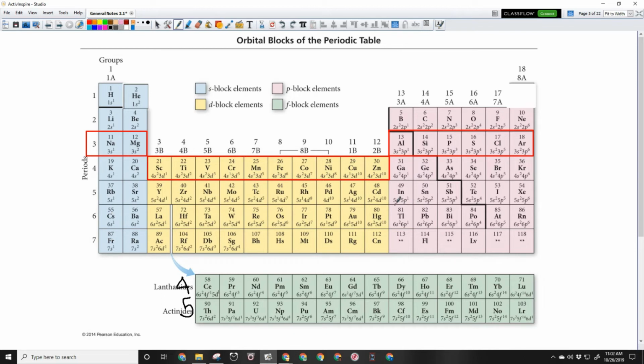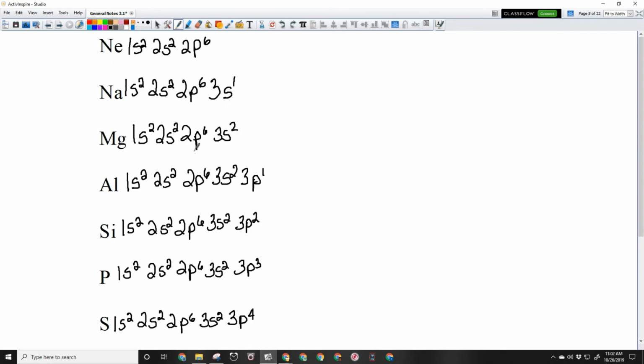So the shorthand configuration is to look at the electron configuration or the noble gas that appears right before the element that we're writing the configuration for. Now, since all of these electron configurations are the same, see here, magnesium is the same up to this point.